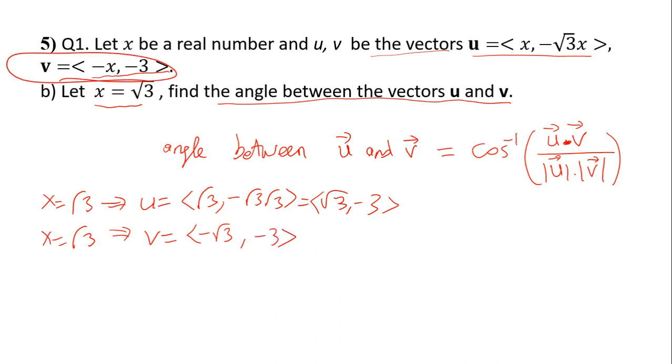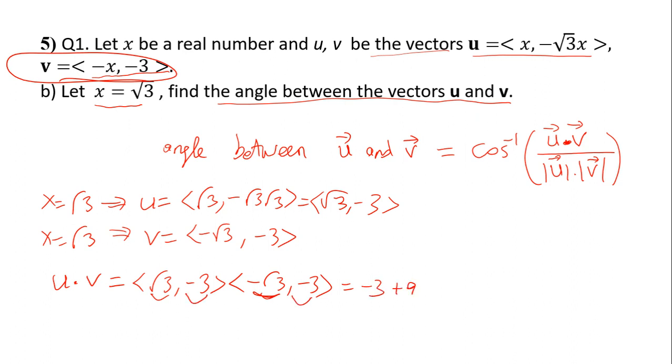Okay, I'm using this one. Now, what do we need here in this formula? We need u dot v. So u dot v is equal to square root 3, negative 3, and negative square root 3, negative 3. So we will have square root 3 times negative square root 3, which is negative 3, and negative 3 times negative 3, which is plus 9. So it will be 6.